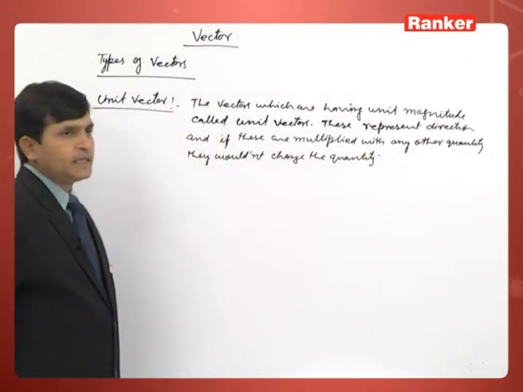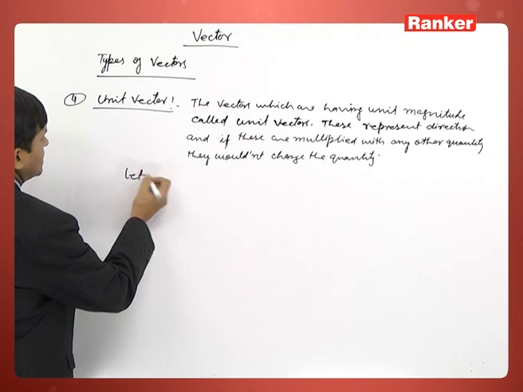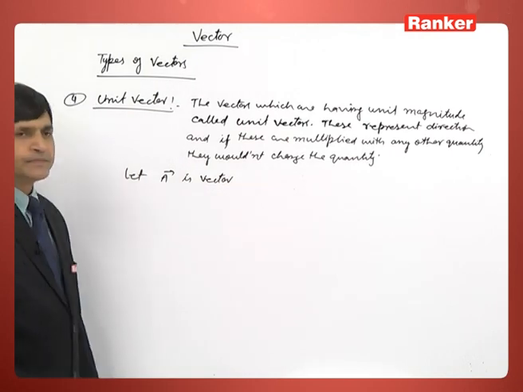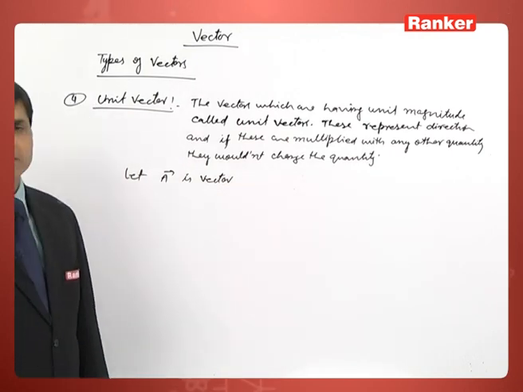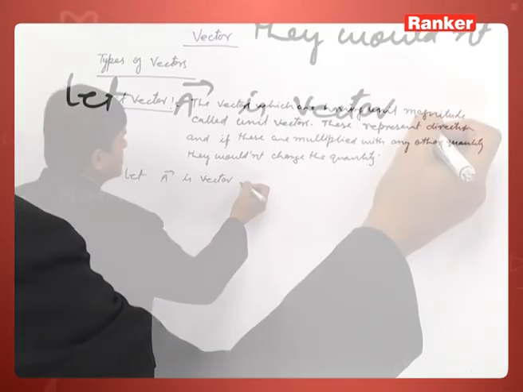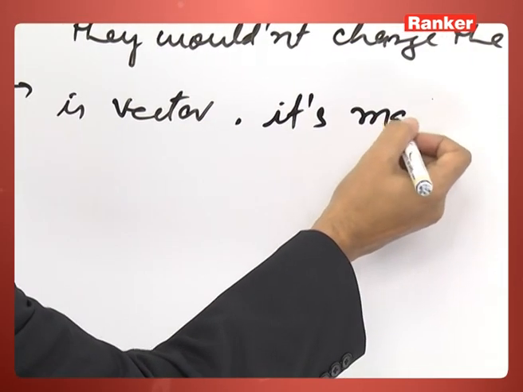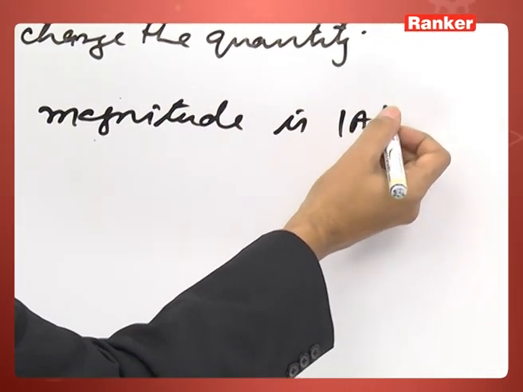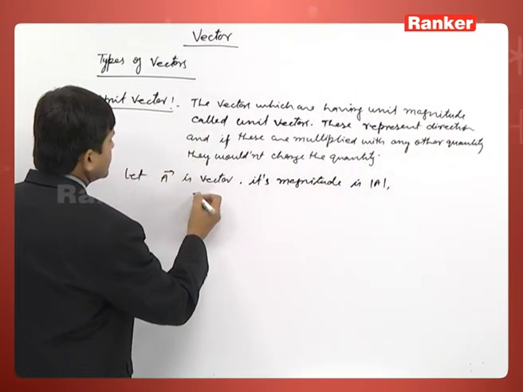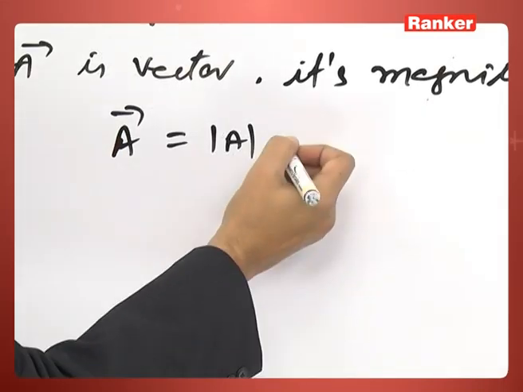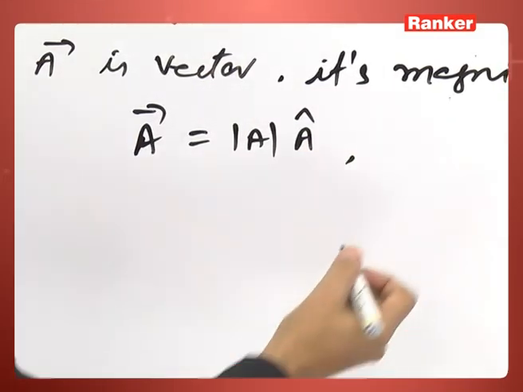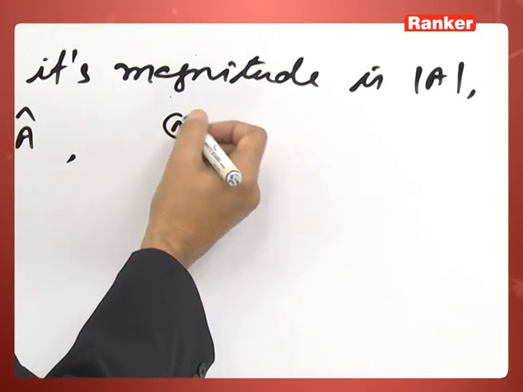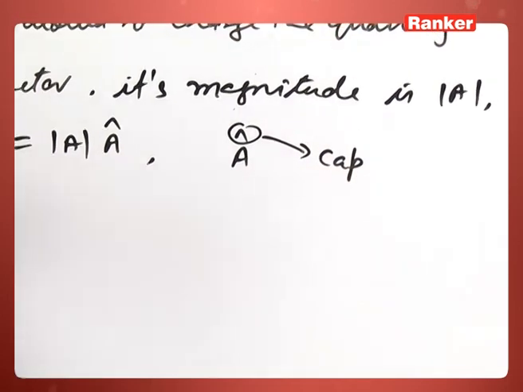So, how do we represent it? Let A be a vector. Vector means it has magnitude and direction. Its magnitude is mod A. So, vector A can be written as mod of A and A cap. Here, this term is called cap.